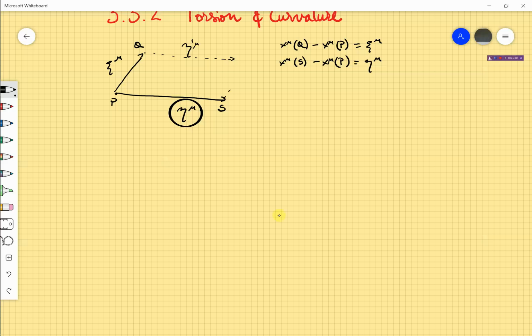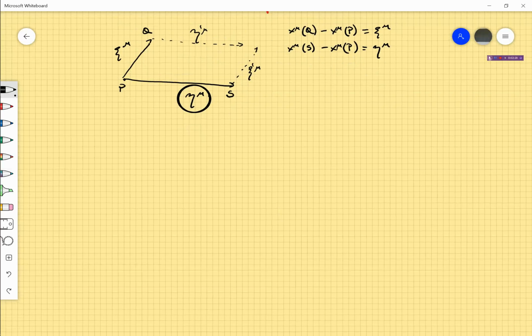The result could be some other vector psi prime mu. And I'm already drawing the parallelogram in this way, which is not really what it looks like in Rn. It is not a closed figure, because with the notion of parallel transport that we have, we don't know whether this is going to close or not. So how can we find out?